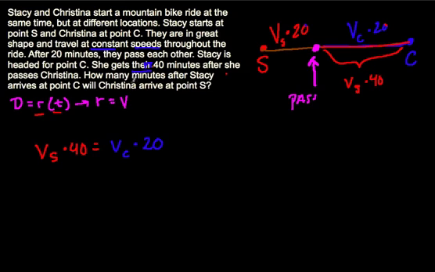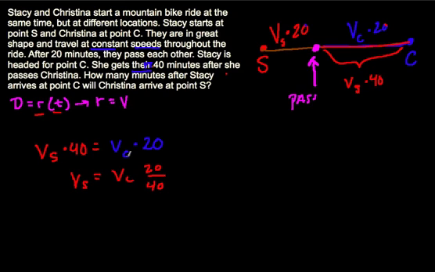So anyway, how many minutes after Stacy arrives at point C will Christina arrive at point S? What can we do? Well, let's write the velocity of Stacy in terms of Christina and see if that helps us. So the velocity of Stacy times 40 equals the velocity of C times 20. What we can say is that the velocity of Stacy equals the velocity of Christina times 20 divided by 40.